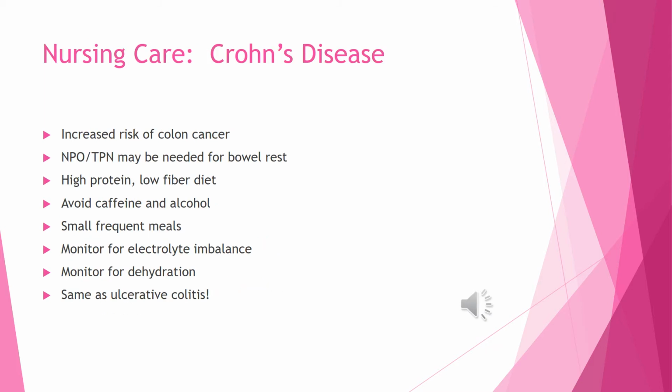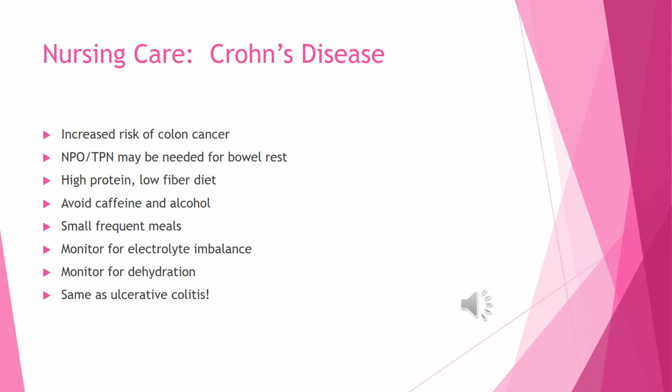So if you look at this slide, you might think, Brenda goofed up, and this is just the same slide as ulcerative colitis. Well, actually, we have most all of the same nursing care for Crohn's disease as we do the ulcerative colitis. They also can have an increased risk of colon cancer. They may be NPO or have TPN to rest the bowels.